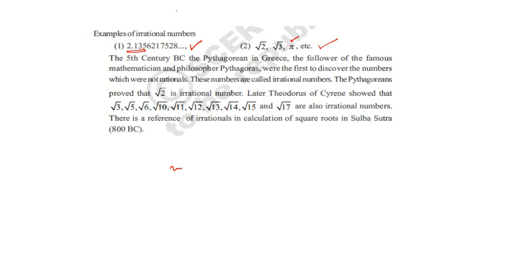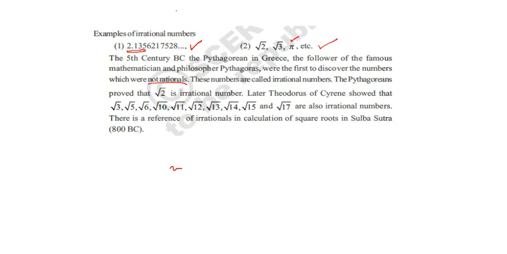What is the history behind irrational numbers? In the 5th century BC, before Christ, the followers of the famous mathematician Pythagoras discovered some numbers like irrationals. Those do not have the rational form.